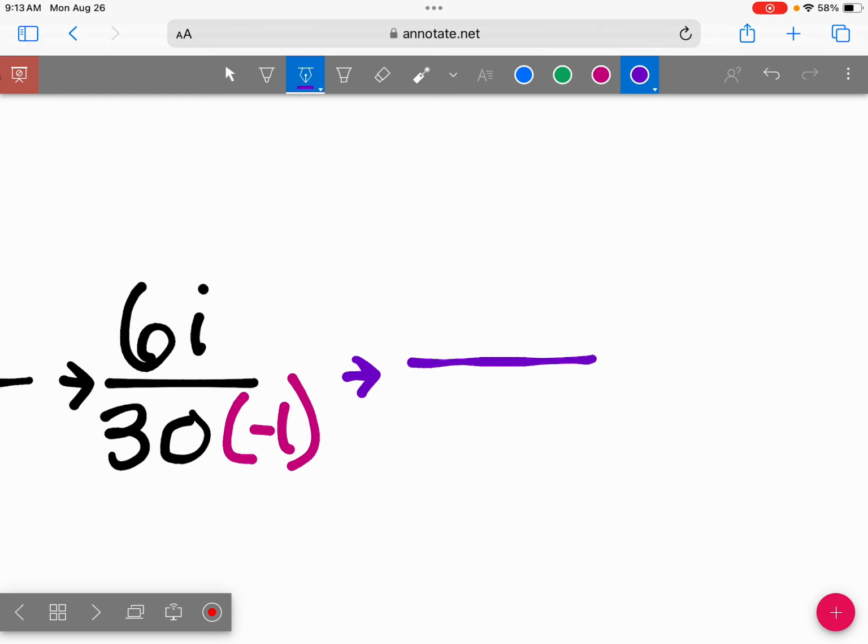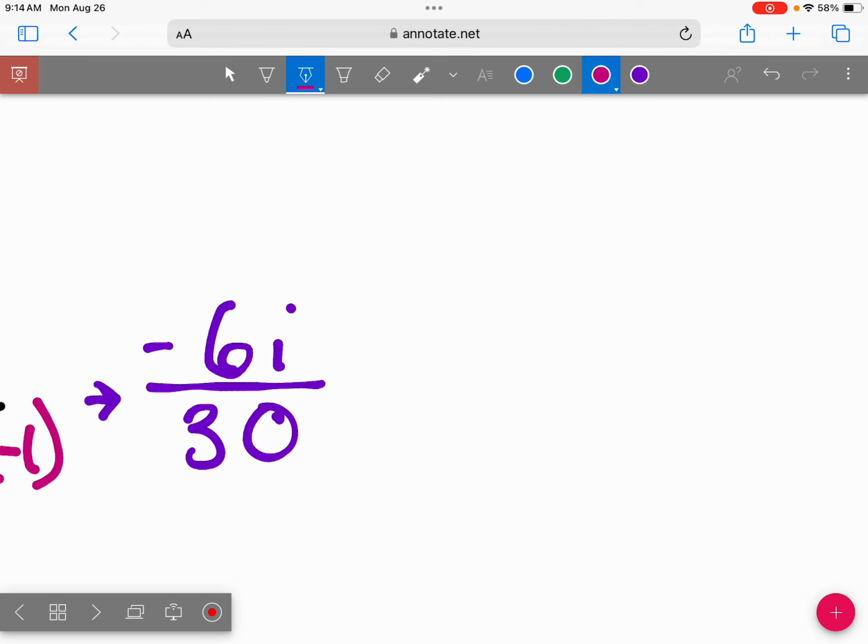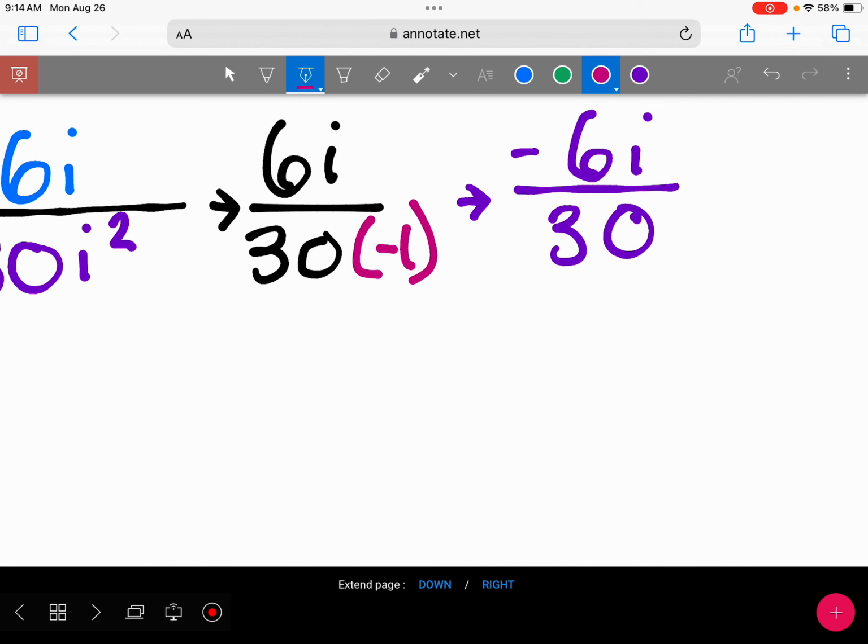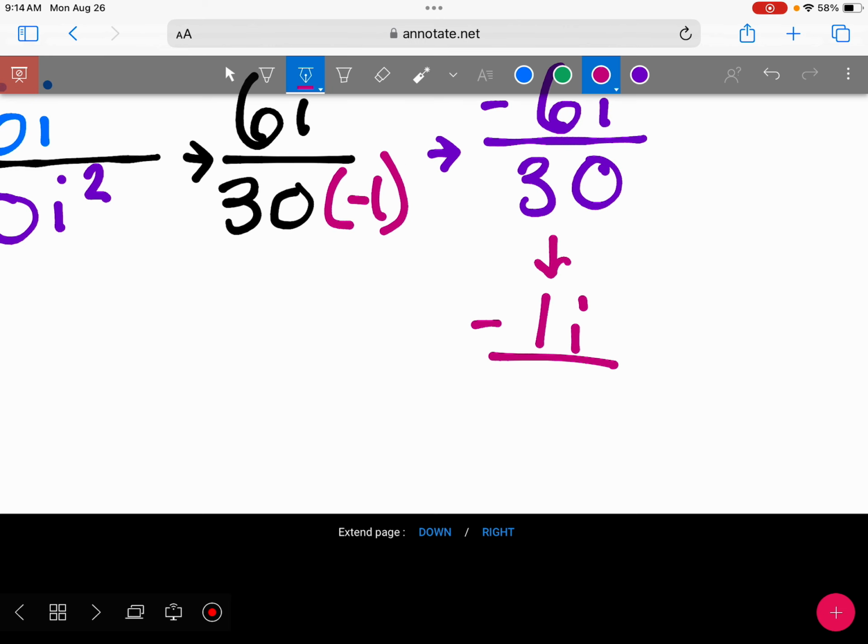So we have, at this point, 6i over -30, or we generally don't like to have negatives in the bottom, -6i over 30. Is there anything else I can do here? We can simplify. Both of those are divisible by 6. Yep, the negative's going to hang. 6 divided by 6 gives me 1i, which you can put the 1, or you can just have it as i, over 5.